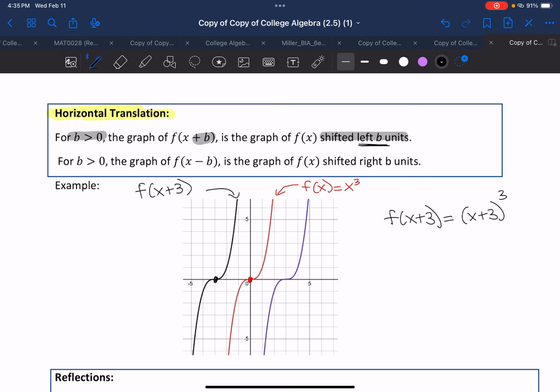That's the difference there. So when it's being added directly to the x, it's going to affect my horizontal movement. It's going to shift it horizontally. And with the x values, it's kind of counterintuitive. You'd think that if you added 3, it would move it to the right, but it's actually counterintuitive, so it moves it to the left when you add.